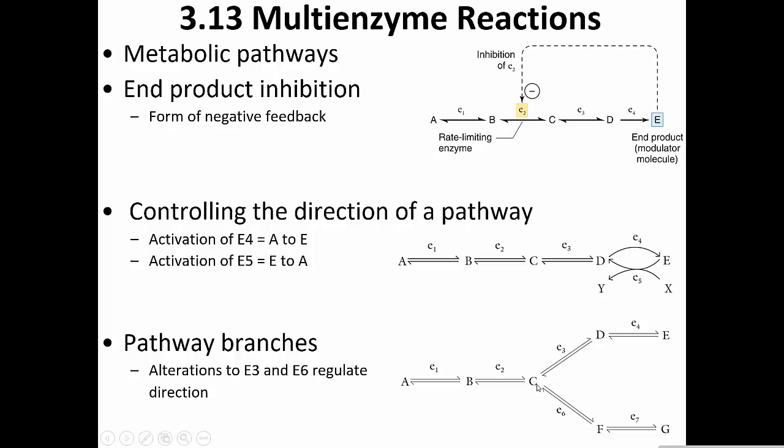And so C can be turned into D by enzyme 3, or C can be turned into F by enzyme 6. So if we activate enzyme 3, then we produce more of E, because D is then turned into E by enzyme number 4. But if we activate enzyme number 6, then we create more of G, because F is turned into G by enzyme number 7. So we can modify the direction of a metabolic pathway by modulating the activity of enzymes at these branch points along the pathways.